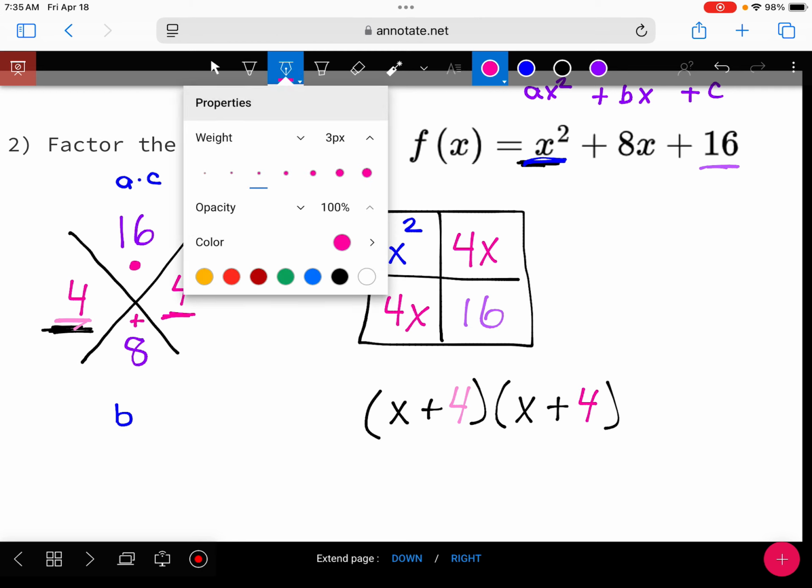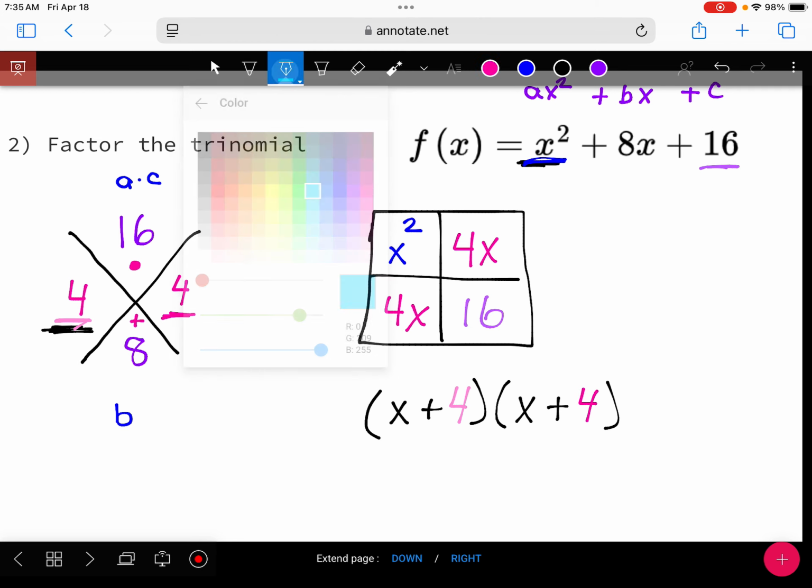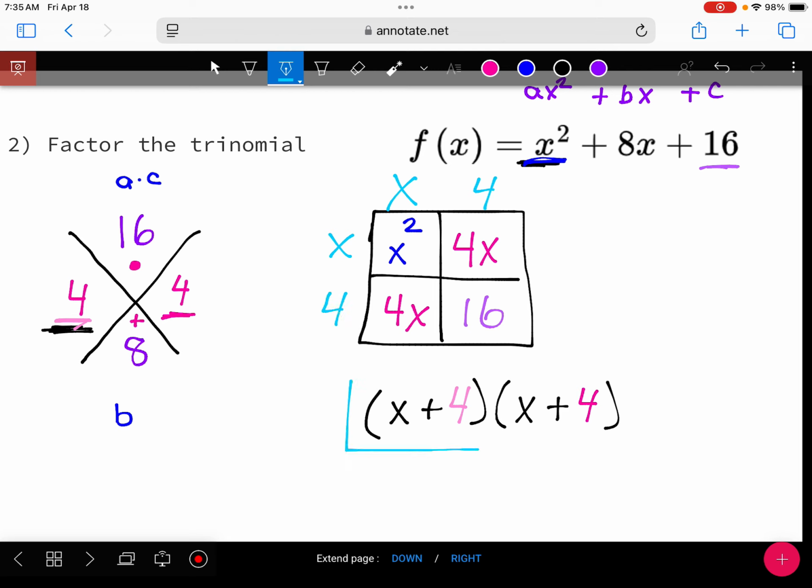When we pull those factors in columns and rows, we can see it is going to have an x here. It's going to pull out a 4 here. It's going to pull an x here. It's going to pull a 4 here. So we get exactly to this thing. So you don't have to do the box in the middle as long as your a is 1. Shortcut option.